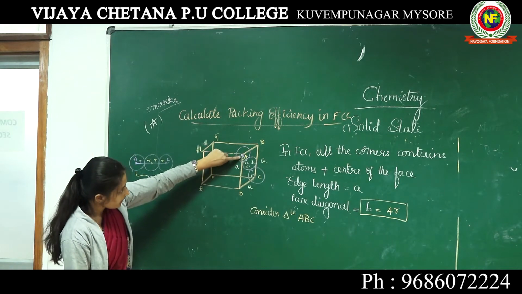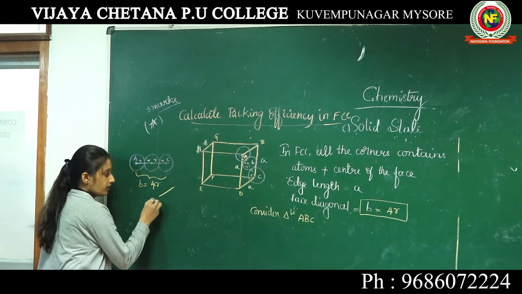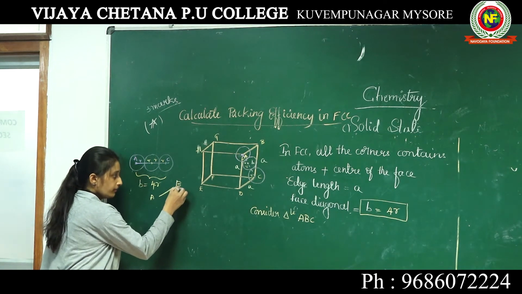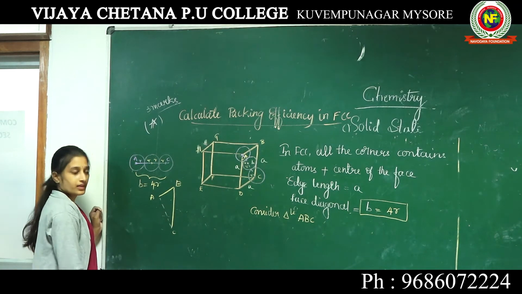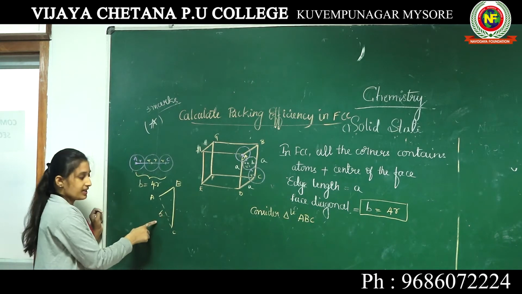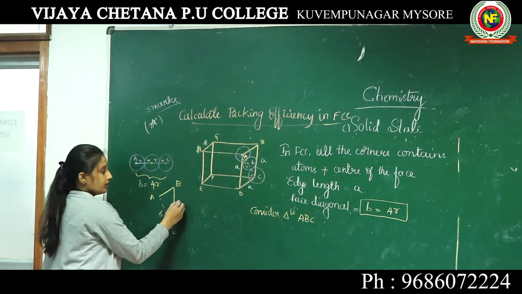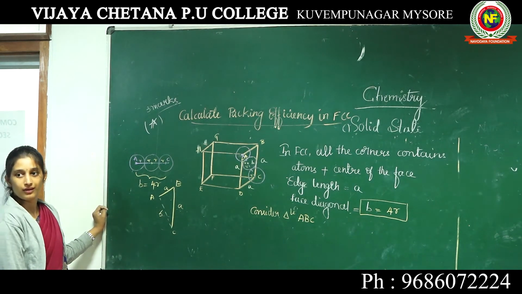See A, B, C. I will draw here. A to C we are representing as b. This one also a. Apply the Pythagoras rule.